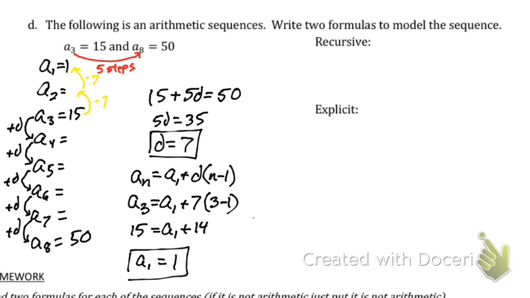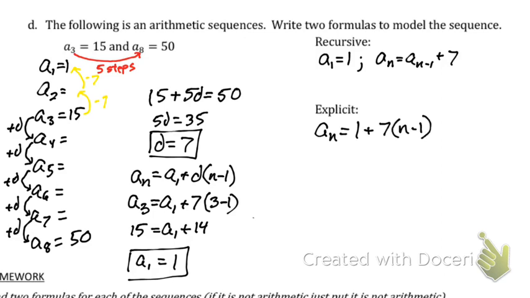All right, as soon as I have my first term and my common difference, we have a recursive and an explicit formula we can write. For the recursive formula, we should list the starting point, that is a sub 1 equals 1. And then our formula is always going to be a sub n equals the term before it, which is a sub n minus 1, and then we add our common difference, which is 7. The explicit formula is a sub n equals our first term, which is 1, plus our common difference times n minus 1.